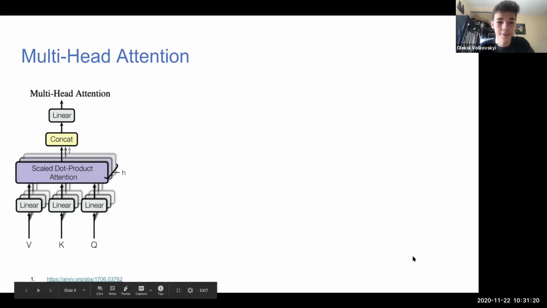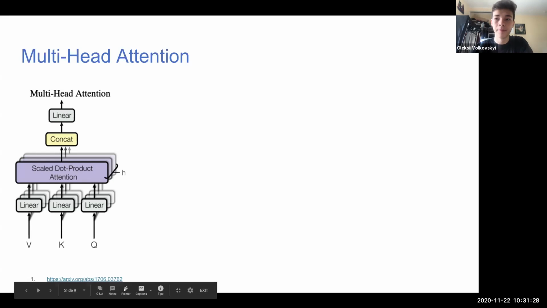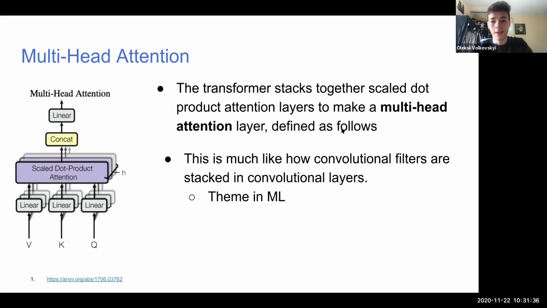Okay. And so we can stack them onto each other to have different heads that attune to different parts of the text. They stack pretty similarly to how convolutional filters stack in different channels.